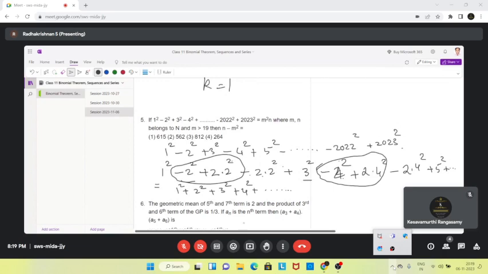Now we have to look at the last term. What is the last term here? 2023 square will come as it is, and the term before that, minus 2022 square plus 2 times 2022 square, minus 2 times 2022 square. I would have done it like this. So that means it ends here.